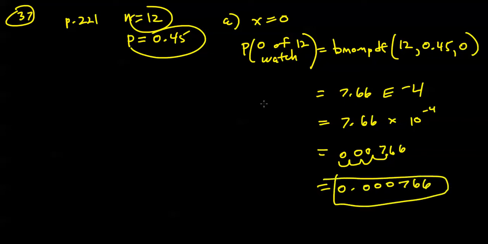So there's my probability of 0 successes in 12 trials. That's the probability that none of the households surveyed is tuned in to the Saints-Colts game.